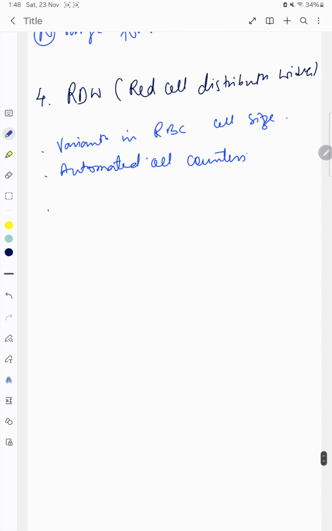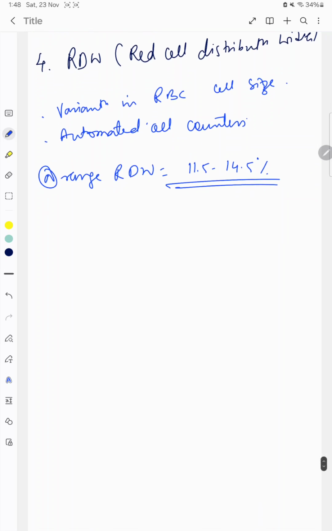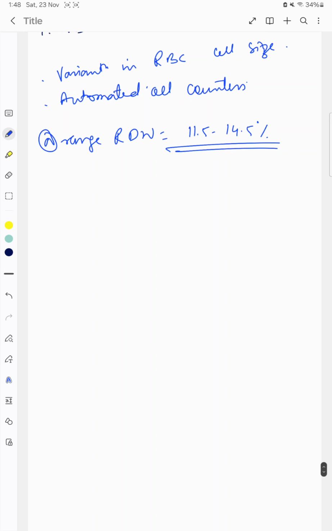The normal range for RDW is 11.5 to 14.5%. Now we'll take an exercise for how we calculate different RBC indices.